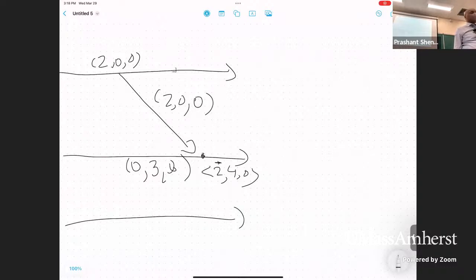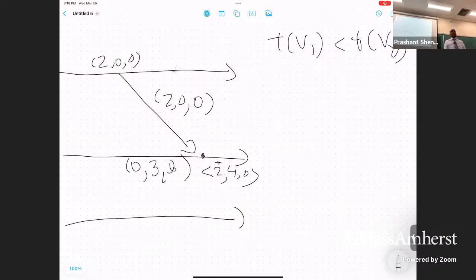So what we want is, if the timestamp of vector v1 is less than the timestamp of vector v2, we want to say that those two events occurred in that order. If we didn't know that there was a message passing, we just know that 030 is a timestamp and 240 is a timestamp.